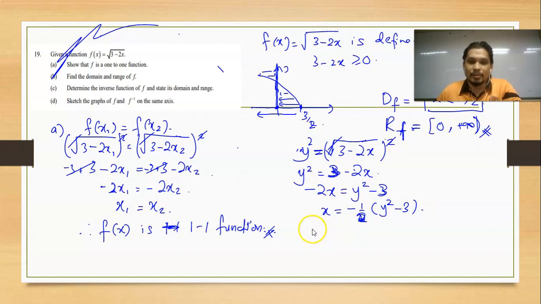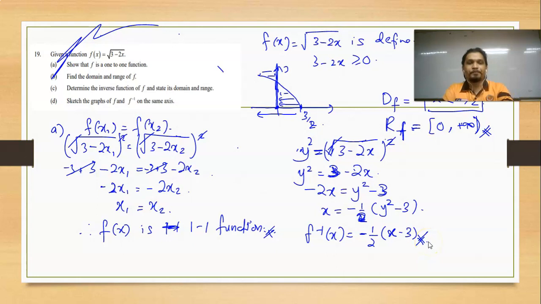So f inverse of x equal to negative 1 over 2 times x squared minus 3. Okay. So state the domain and range of the inverse of f.